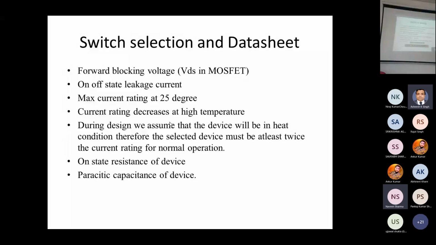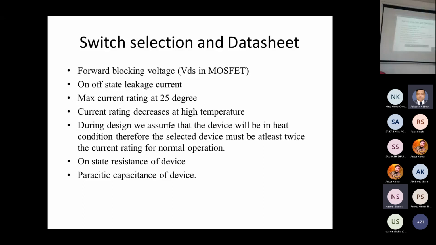And another part of the power electronics converter control is switch selection and the data sheet. Generally for switches, the most important parameters to be seen are forward blocking voltage, on and off state leakage current, and maximum current rating at 25 degrees, and current rating increases at high temperature.